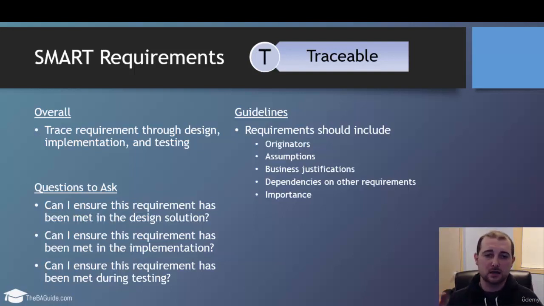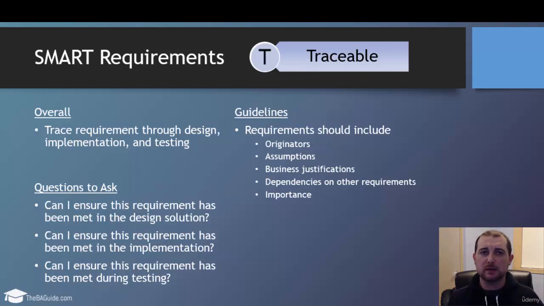So some guidelines. You want requirements to have originators, some assumptions, business justifications, dependencies on other requirements, and importance. What this is saying is, within the requirement, you want to know what requirement this is based off of. Is there another requirement that is the main piece, and this is just a sub requirement? So there's an originator requirement.